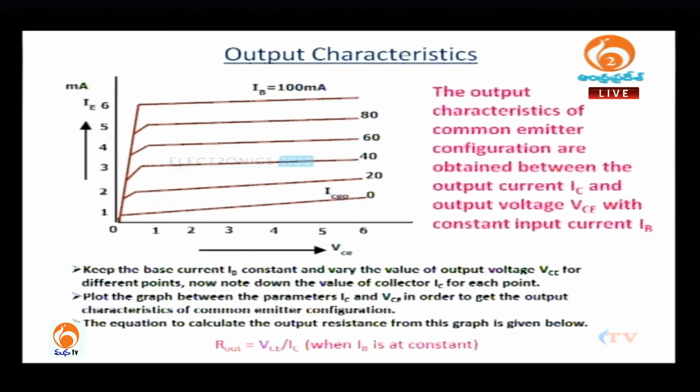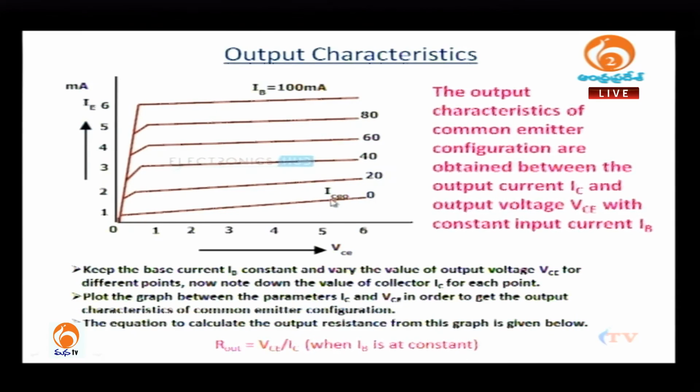When base current is fixed at about 0 milliamperes, the transistor is almost cut off. No emitter current flows, no base current flows and no collector current flows, except for the collector to emitter reverse saturation current, which is shown here.